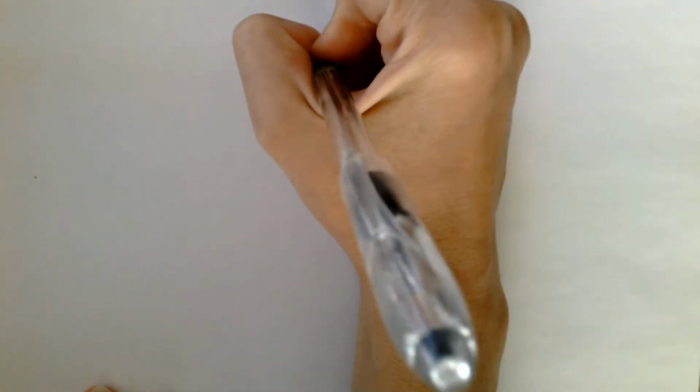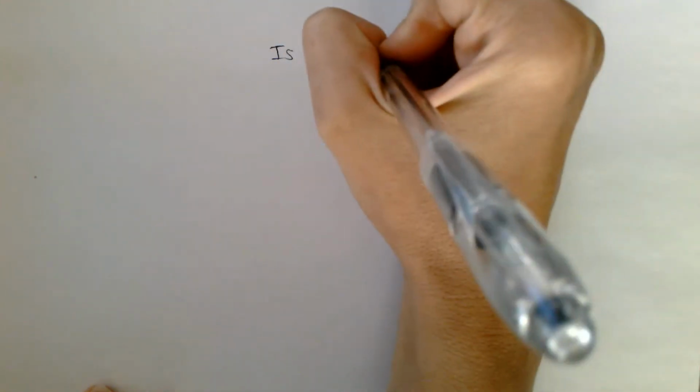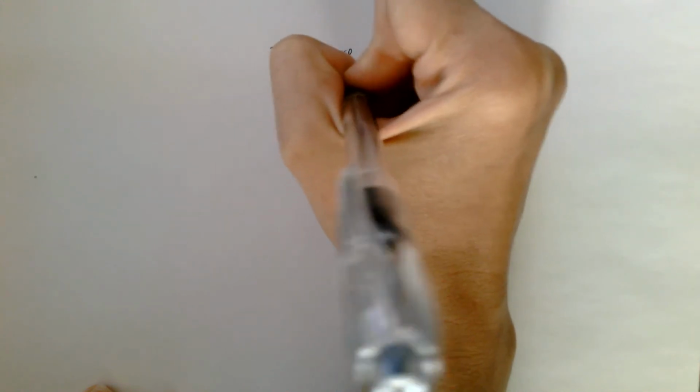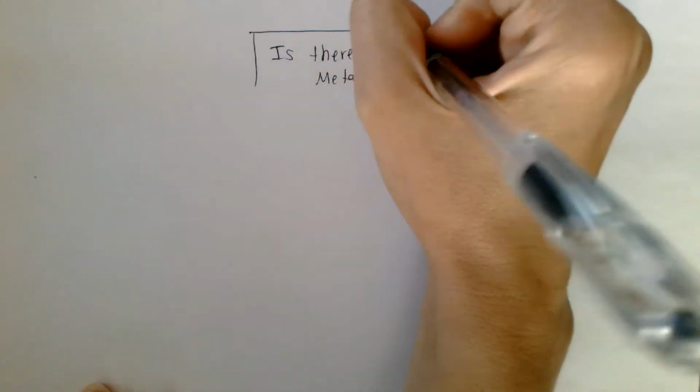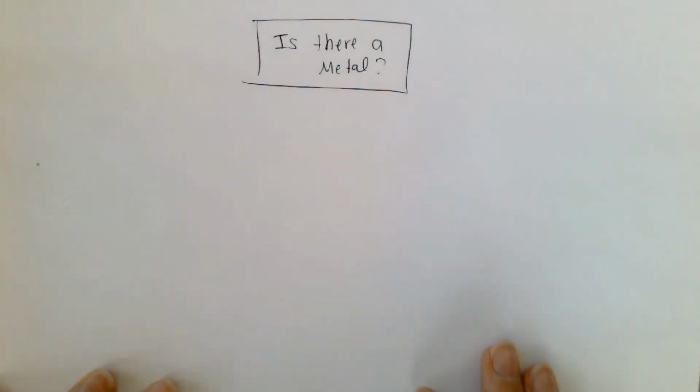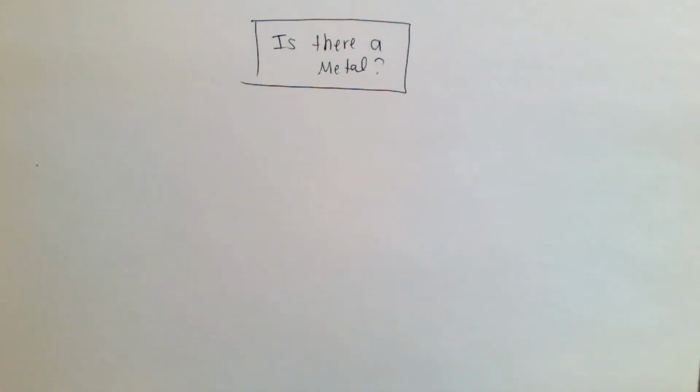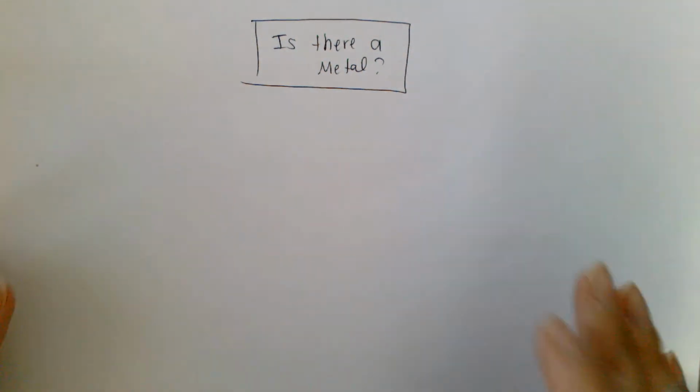So there's a couple of things that hopefully you may have seen. So the first thing that designates all of our naming, we can ask, is there a metal? So the first question you would ask yourself if you're looking at a name or if you're looking at a formula and you have to figure things out, is there a metal? That's going to split it in half.